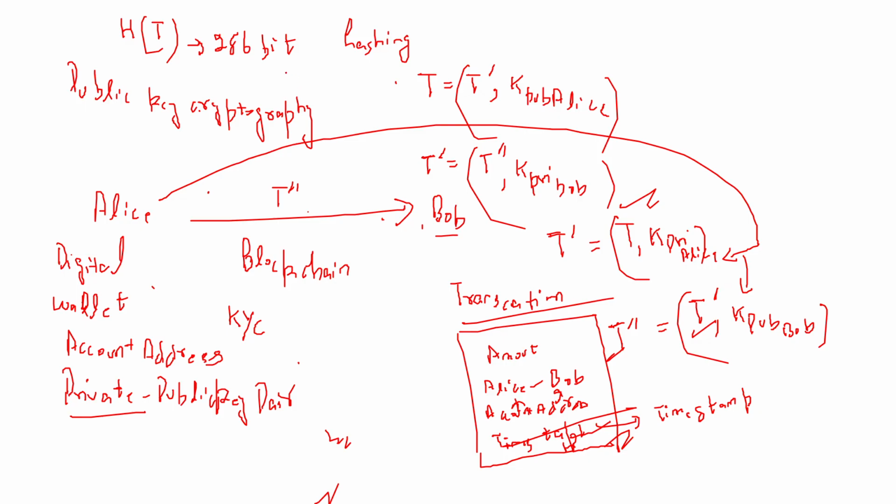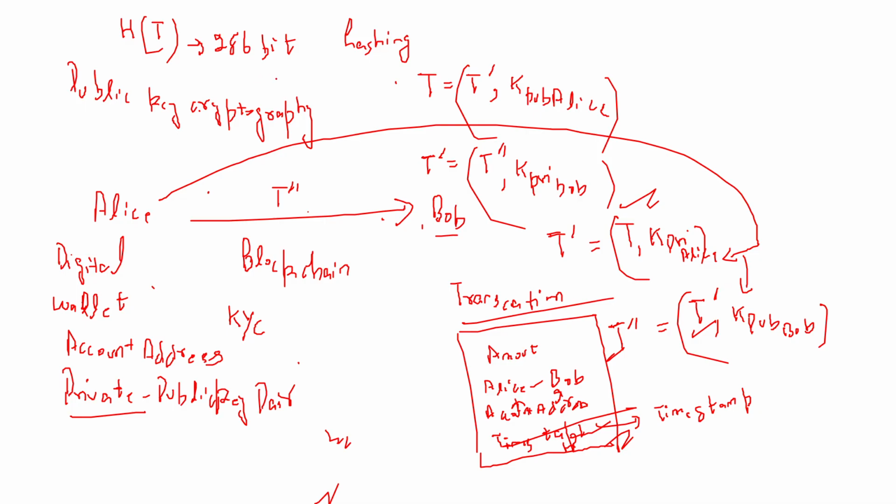Now, why is this hash value calculated? There are two reasons. The data message of this transaction detail can be of large length. To encrypt a large data message, the key length should be of equal length.